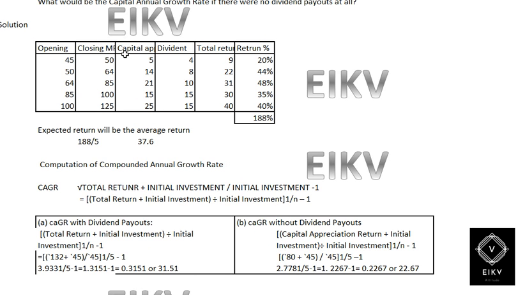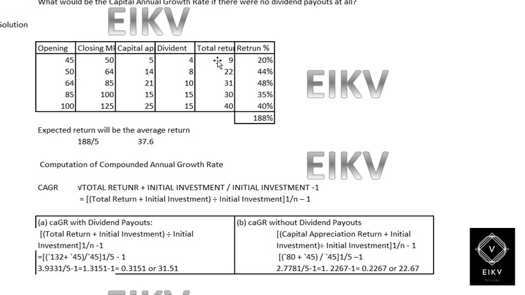So here opening would be 45 and closing would be 50. Therefore the capital appreciation would be closing minus opening, which is 50 minus 45, will give you a capital appreciation of 5, and dividend would be 4. Therefore total return in amount would be 9 rupees, which is 5 plus 4.